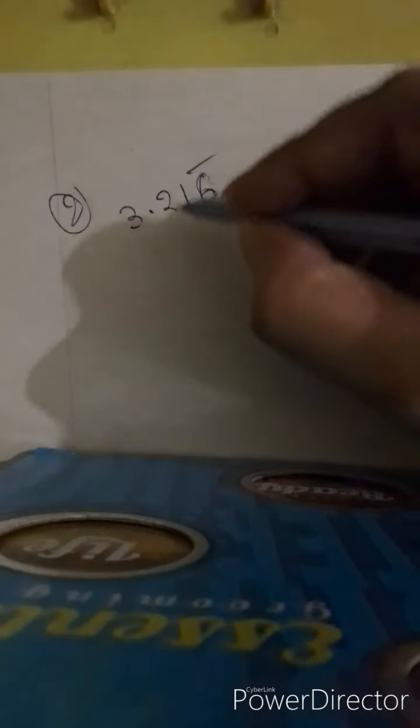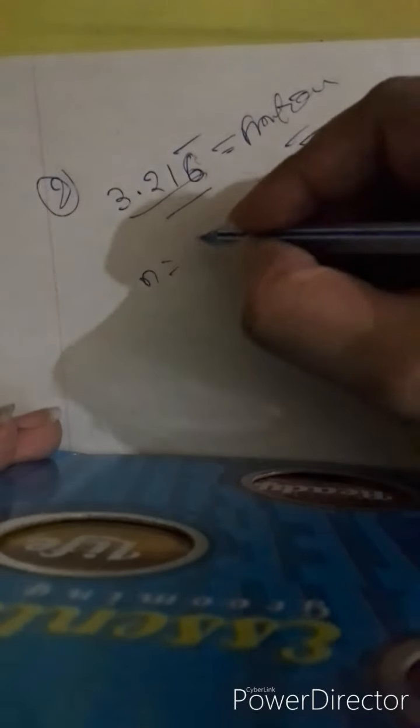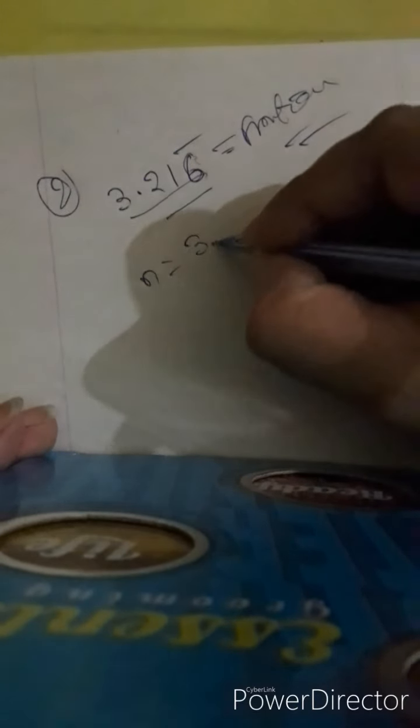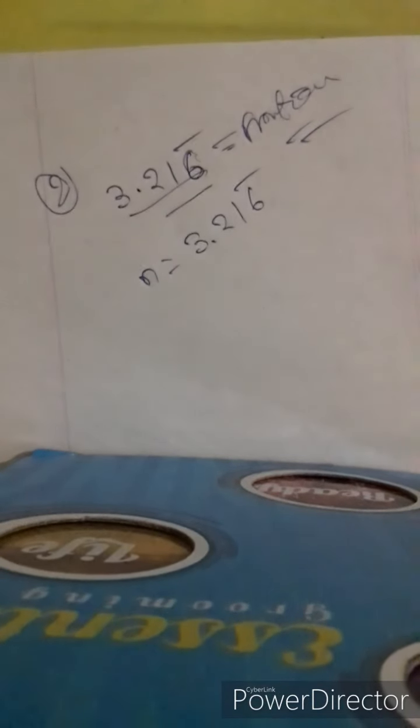Only the bar is above the sixth digit. So we have to convert this into fraction form. How do we do that? Taking n, similarly to how we solved the first problem, n equals 3.216 bar.